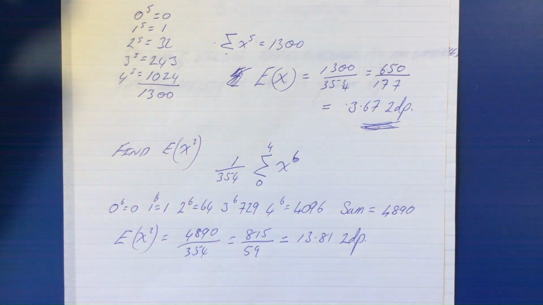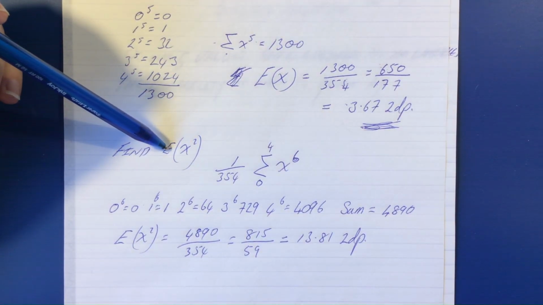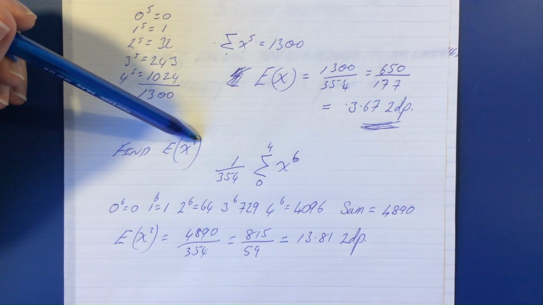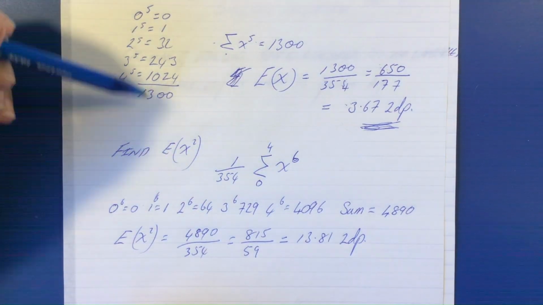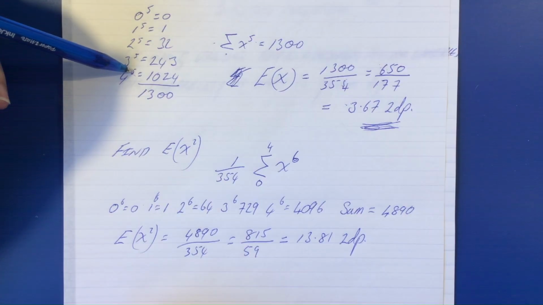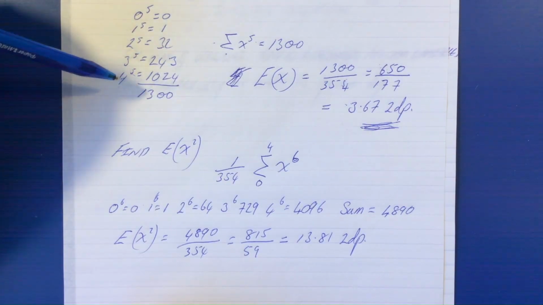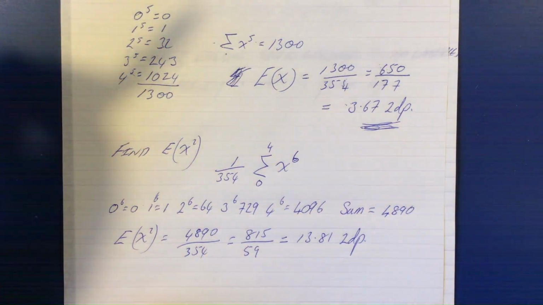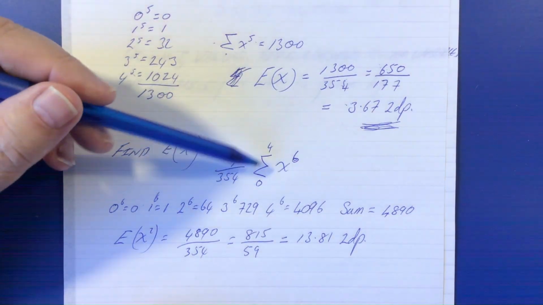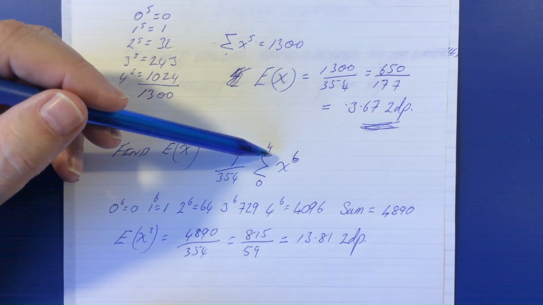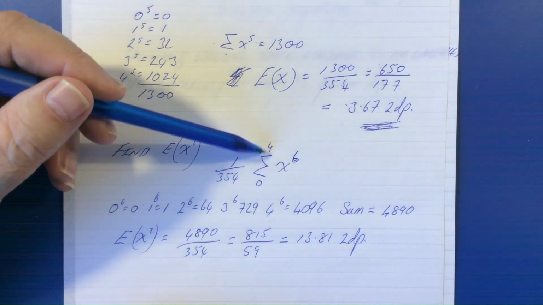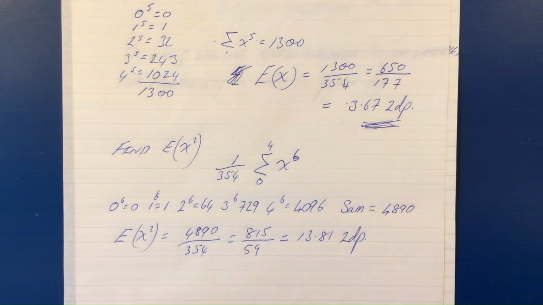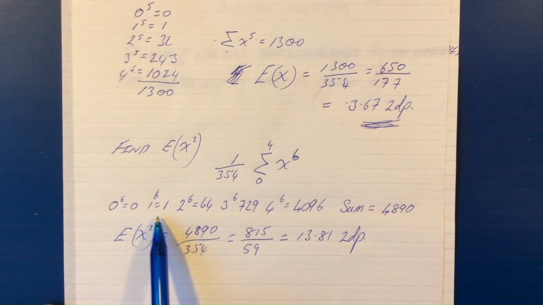And here we are. So the expected value of x squared. Now we're squaring x, so we're jumping up another power from 5 to 6. Remember, we started at 4. So it's 1 over 354 times the sum of the values of x to the power of 6 between 0 and 4. Here they all are. You can see them.